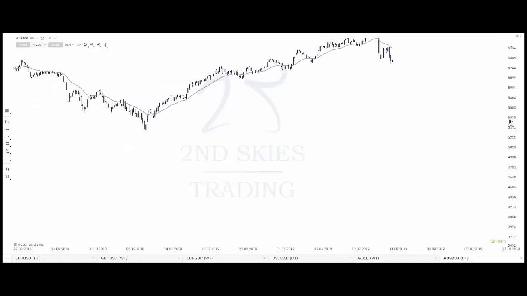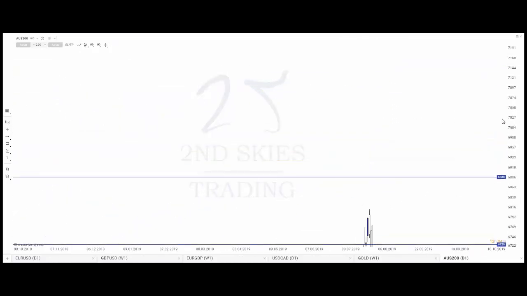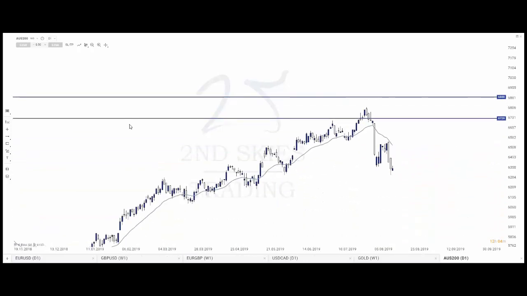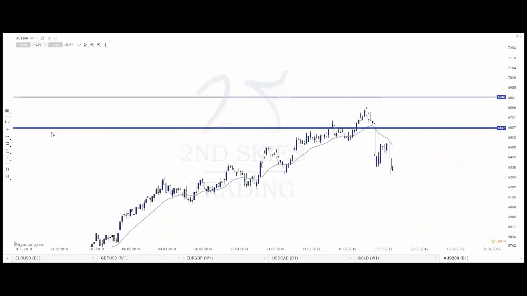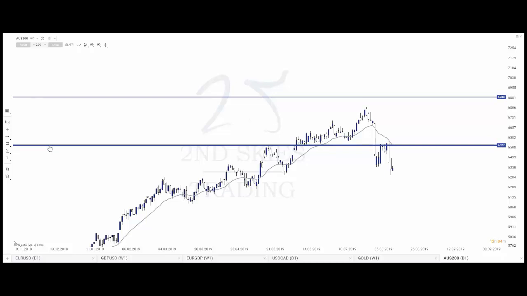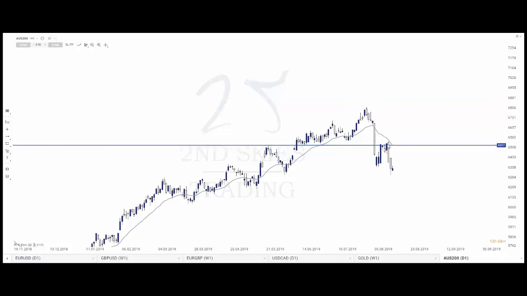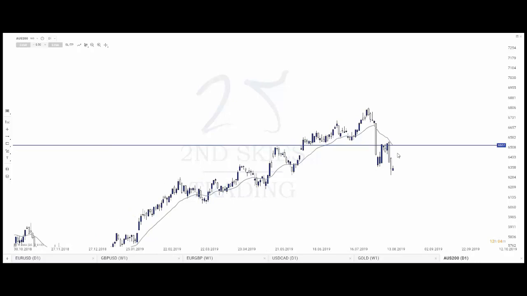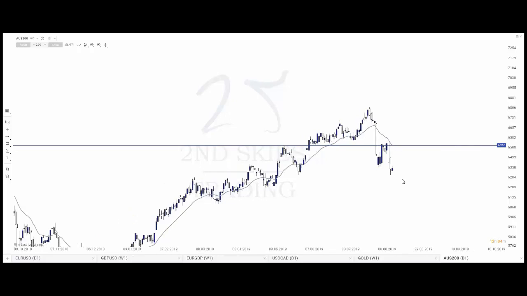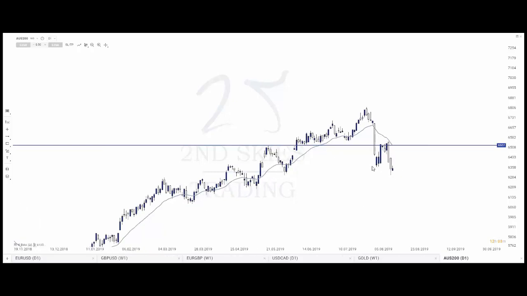If you missed the first reaction, the first rejection from the all-time high, you got another opportunity around here, around 65.30, which you can see it pulled back right into this previous support. It was broken, now acting as resistance and breaking lower again, bearish impulsive. And there are not many bulls to be found at the moment. You had this pullback, but it was just met with a bearish impulsive move again.